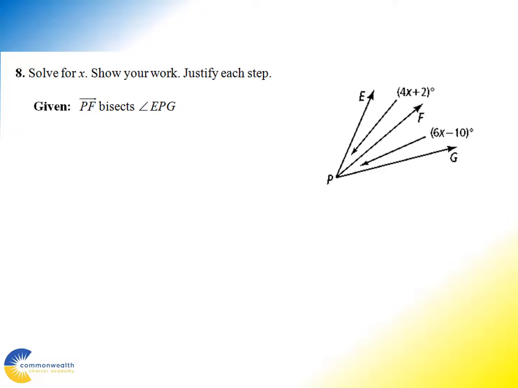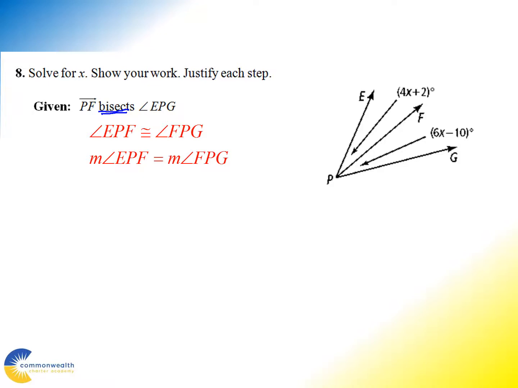Here, a key word for us is the word bisect. That defines a very particular relationship between angles EPF and FPG, because those are the angles that are formed when PF bisects EPG. Essentially, to bisect an angle means that the result has to be two smaller angles that are both equal in measurement.